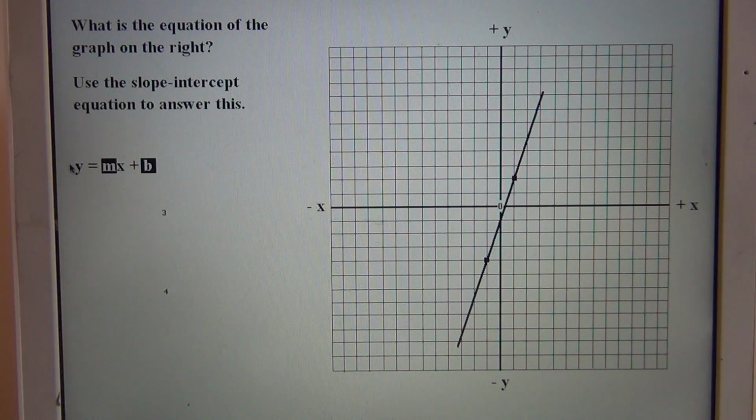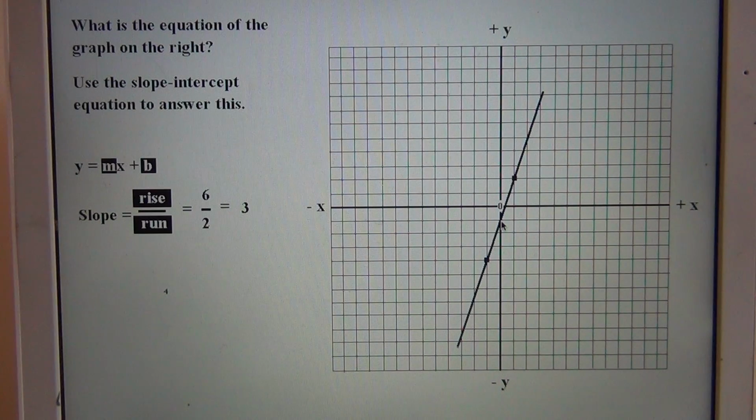We know that it's y equals mx plus b, where m is the slope and b is where it intersects the y-axis. So we figured the rise is 6, the run is 2, so the slope is 3. So in our equation, it would be y equals 3x. Now, where does it intersect the y-axis?